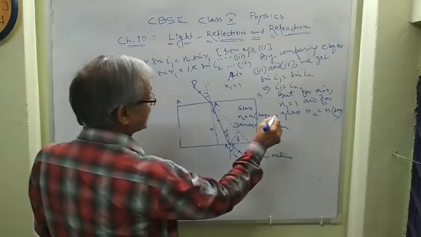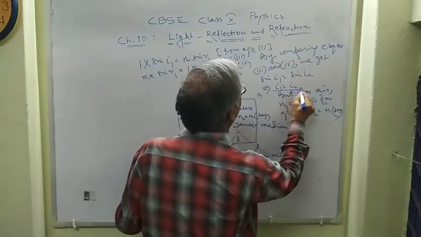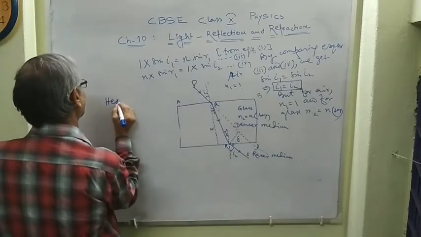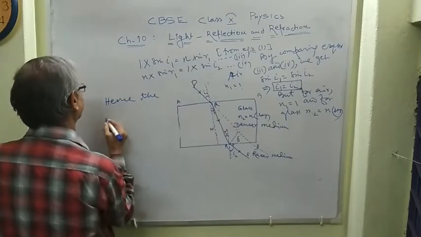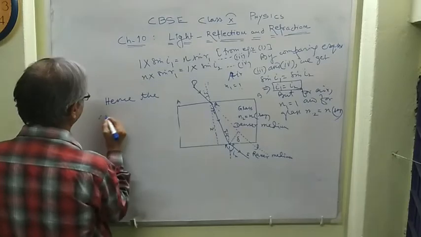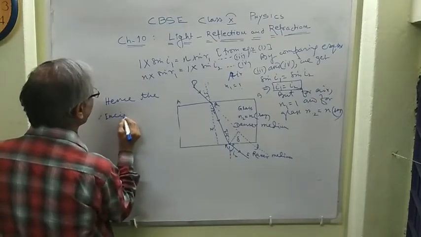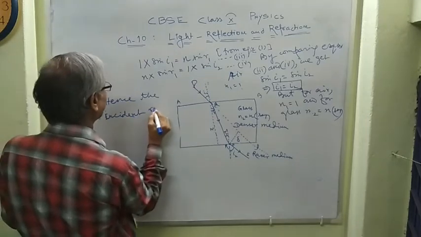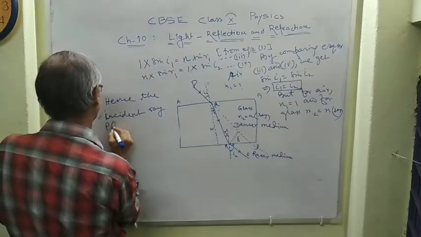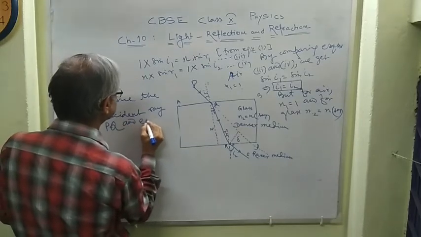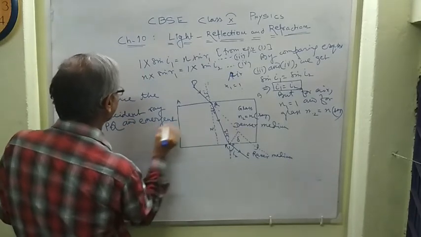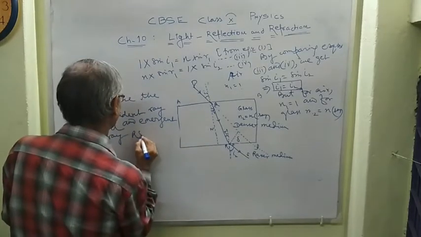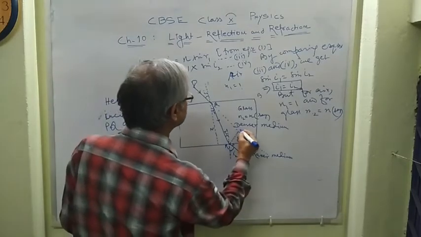Hence, since I1 equal to I2, the incident ray PQ and emergent ray RS are parallel to each other.